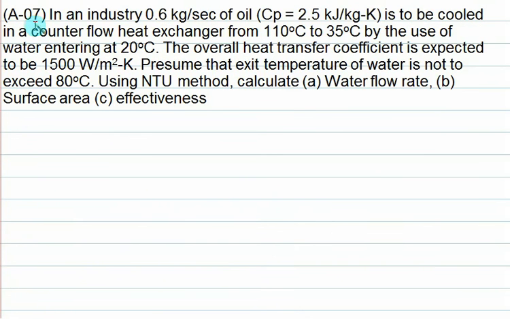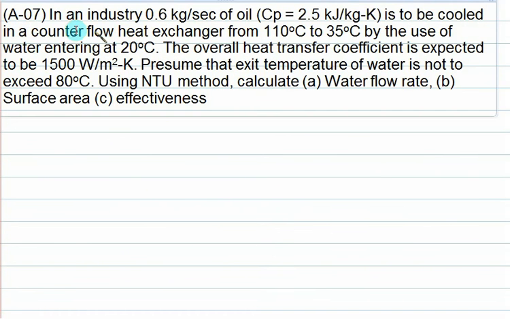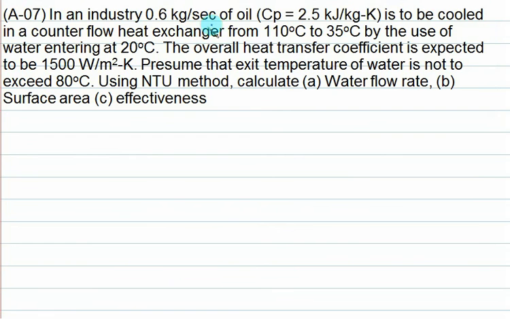In this question we have 0.6 kg per second of oil, Cp equals 2.5, to be cooled in a counter flow from 110 to 35, whereas water is entering at 20. It means that the oil is the hot fluid.